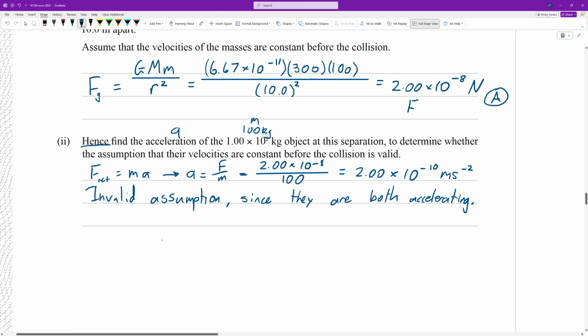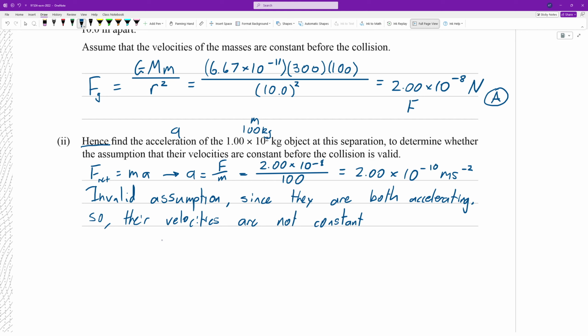What else could we add? Let's link it back to the question, right? So their velocities are not constant. Always answer the question, right? I gave the reason, but now I just answered the question, so it's invalid.